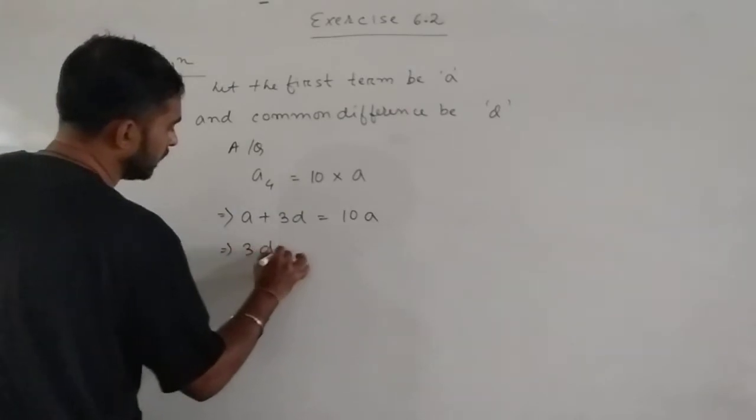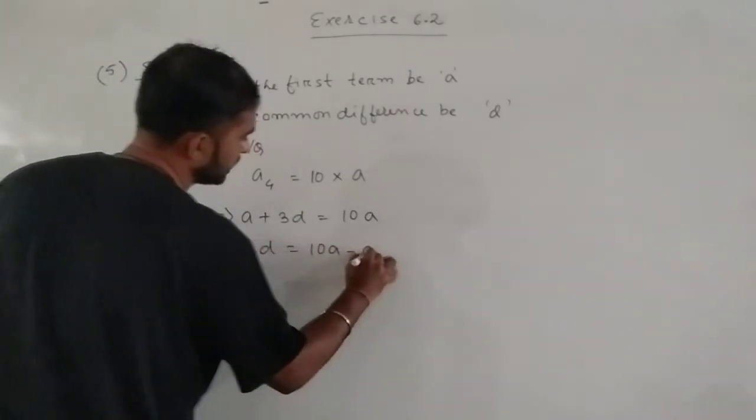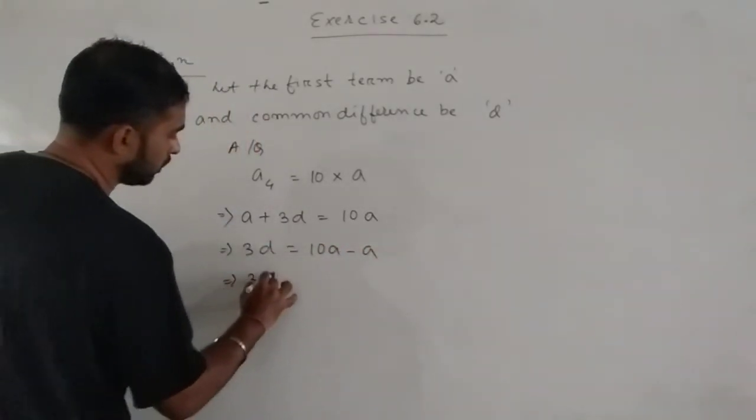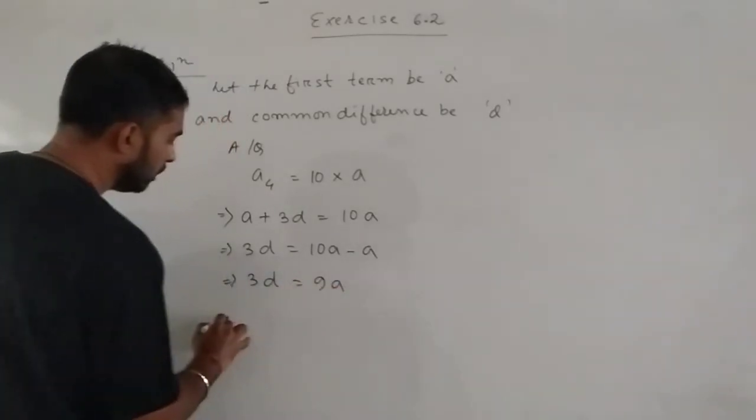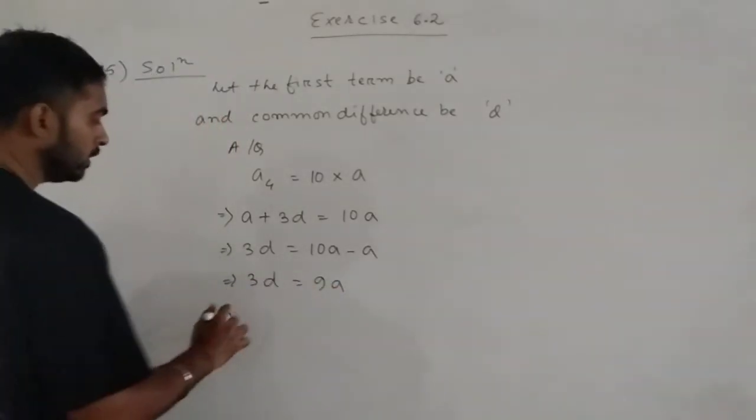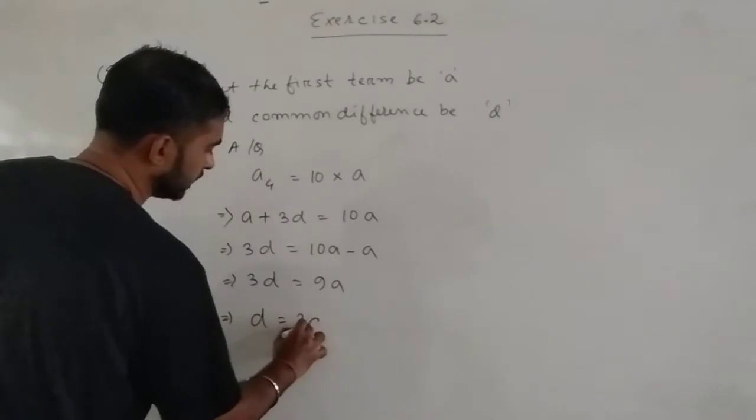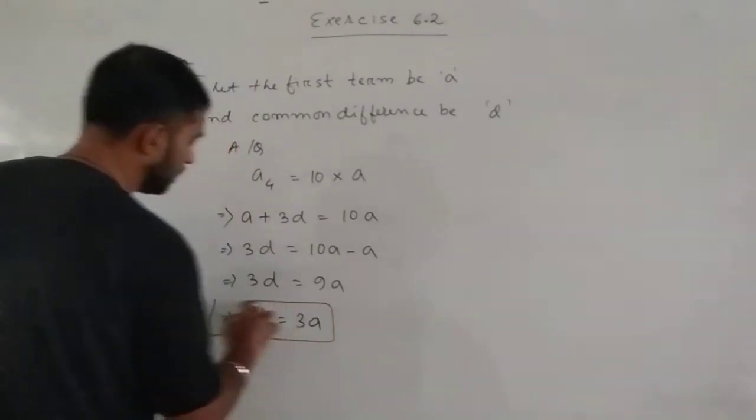So 3D equals 10A minus A. 3D equals 9A. Both numbers are divisible by 3. So D equals thrice A. So this is the relationship.